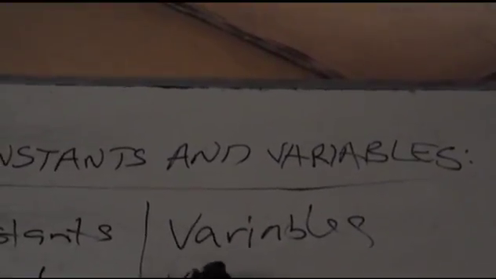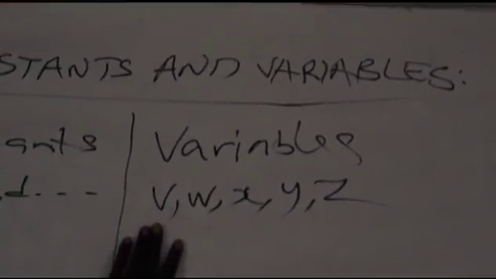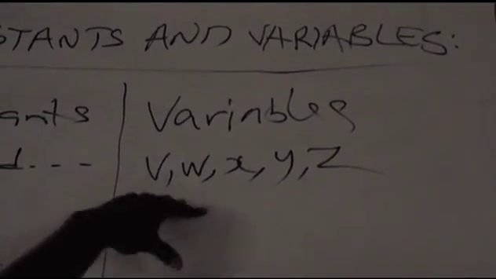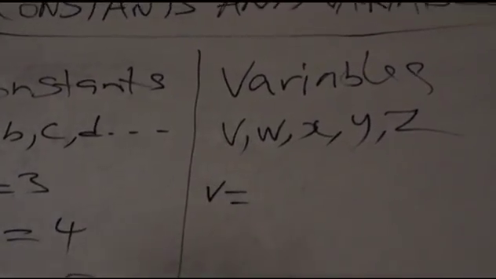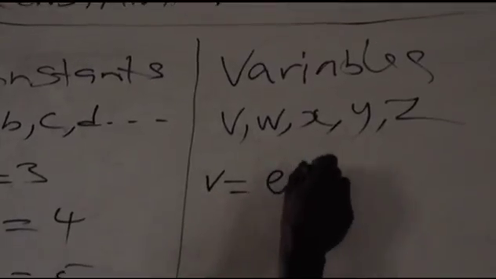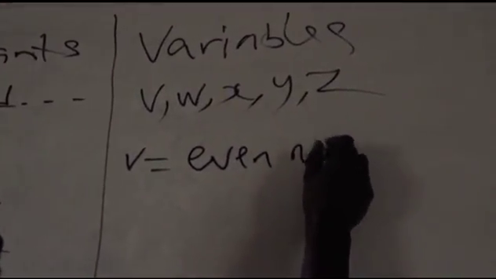These are examples of variables. They are letters from the end of the alphabet, used to represent variables, and each of them represents a collection of numbers. When we enter those numbers, you will notice changes because the numbers are not all equal. For example, V can be equal to even numbers between 1 to 10.